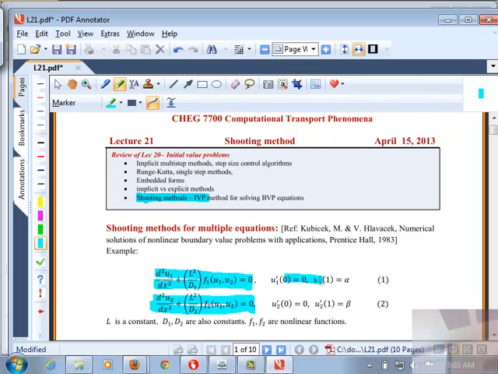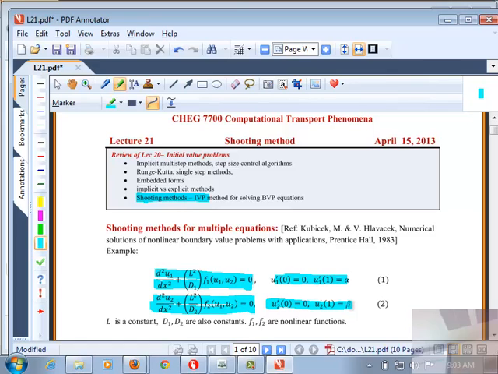So alpha is a given value, 0 is 0, of course. And similarly for the second equation, u2 prime at 0 and u2 prime at 1 are given values. So there are 4 conditions that we need because we have 2 second order equations. Each one needs 2 conditions. And so the problem is well posed.